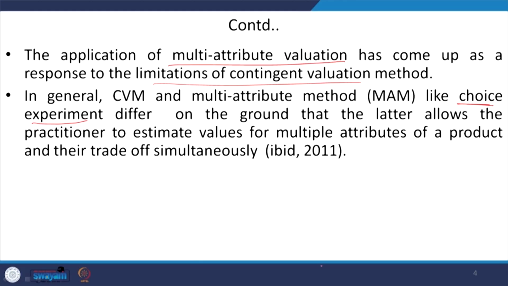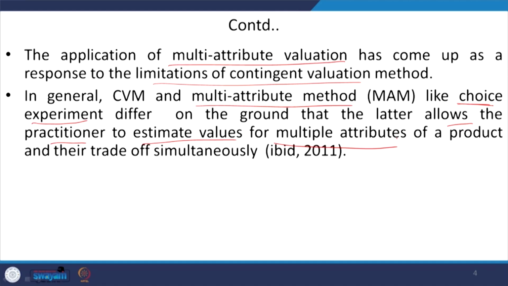In case of the multi-attribute method, like your choice experiment, these methods allow the practitioner to estimate the values for multiple attributes of a particular product or a particular policy under discussion, and we are also measuring how these multiple attributes are traded off.